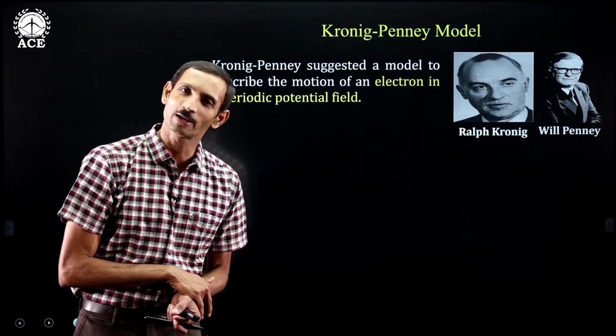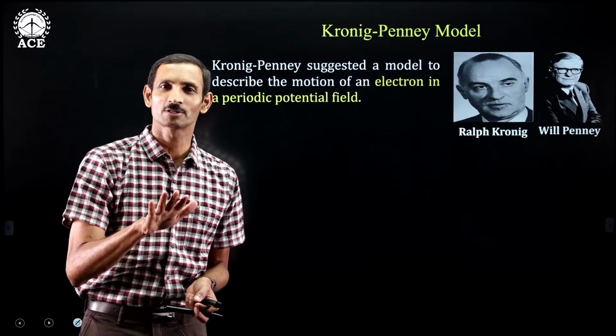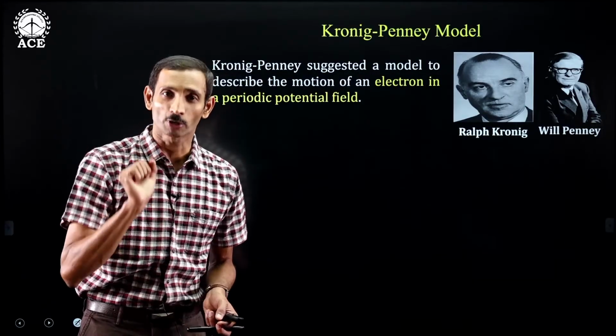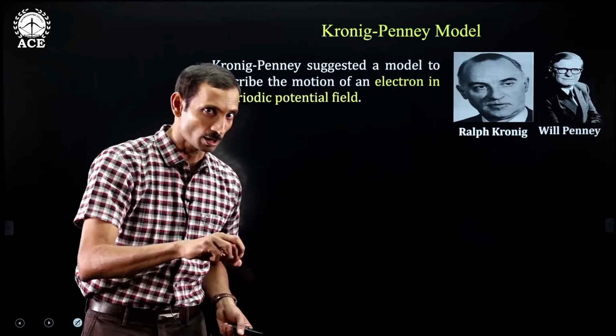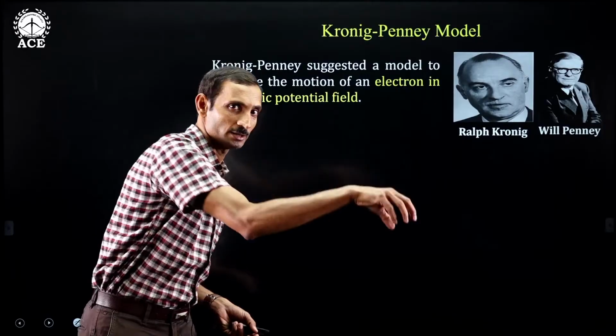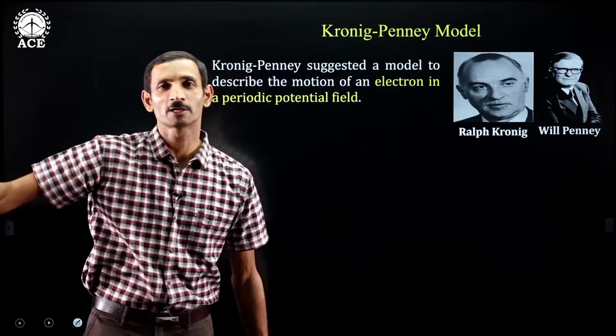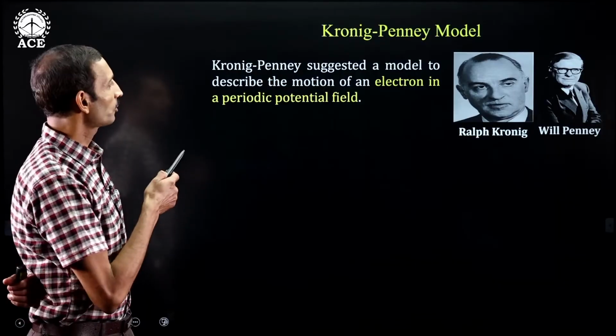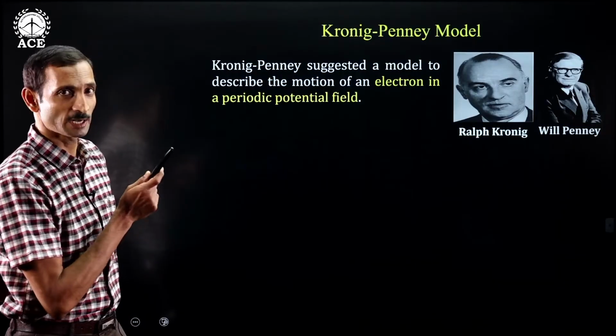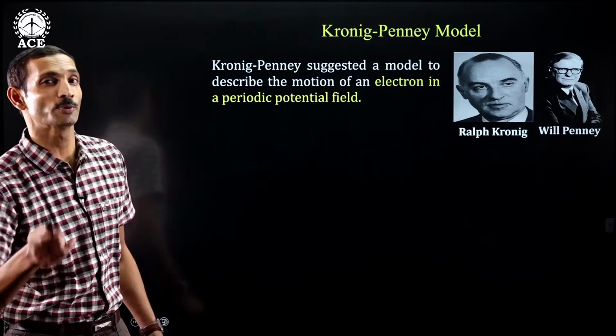Metals do have free electrons. So each electron's potential energy depends not only on its position but also on the arrangement, on the periodicity of the crystal, right? So the Kronig-Penney model describes the motion of electron in such a periodic potential field.